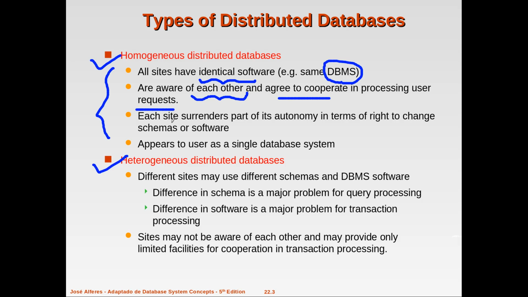Now similarly, every site will have its own autonomy. Even if different sites are maintaining the same software, they have their own autonomy. Autonomy means they have their own freedom. Even if it is in a distributed format, every site will have its own freedom.